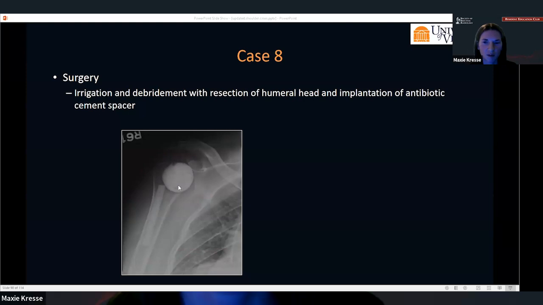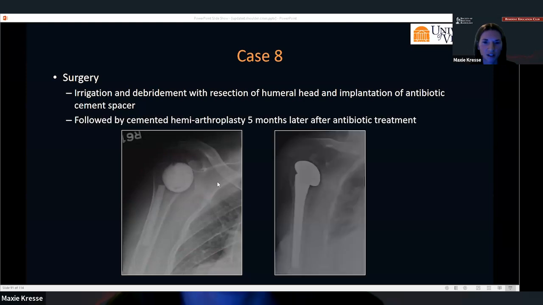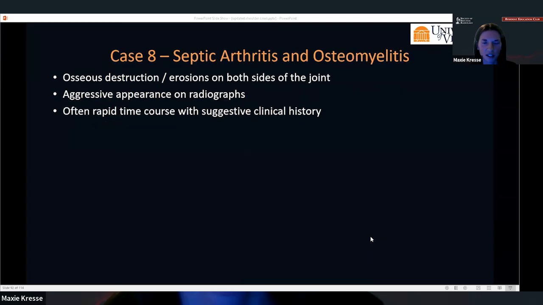They put in this antibiotic spacer, ended up with the arthroplasty. So this is a case of septic arthritis and osteomyelitis. The things you're looking for are osseous destruction and erosions on both sides of the joint. It can appear pretty aggressive, and usually the clinical history can be helpful, steering you towards infection.